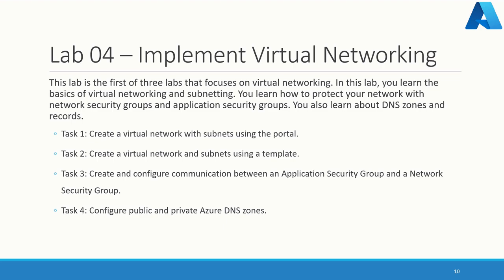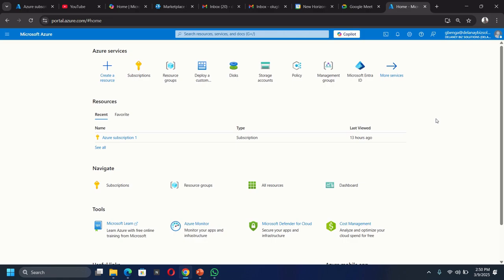In task 3, we're going to create and configure communications between an application security group and a network security group. While in task 4, we're going to configure public and private Azure DNS. So this is my Azure portal, and we're going to start with task 1.